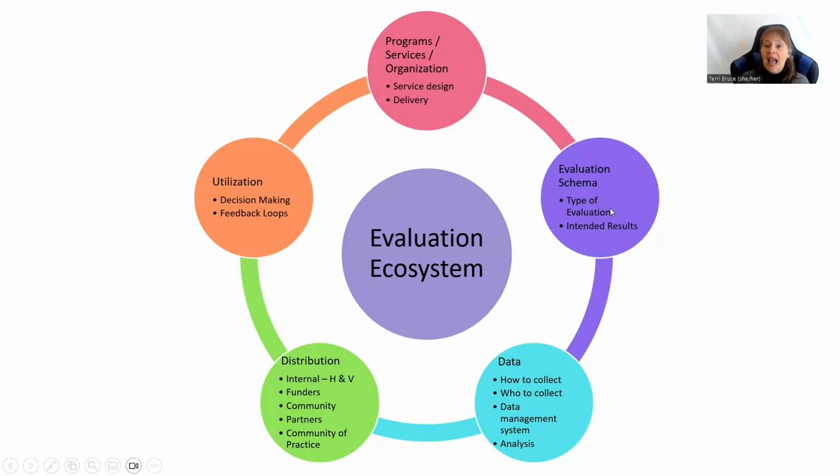Evaluation schema. Did we have a research question? Yes. Were people satisfied with the workshop? And we had a form and a way to administer the form and collect that data. And was the evaluation schema tied directly to the program? Yes, we were evaluating if people were satisfied with that particular program, and also the organization, because there were questions like, were you greeted promptly at the front desk?